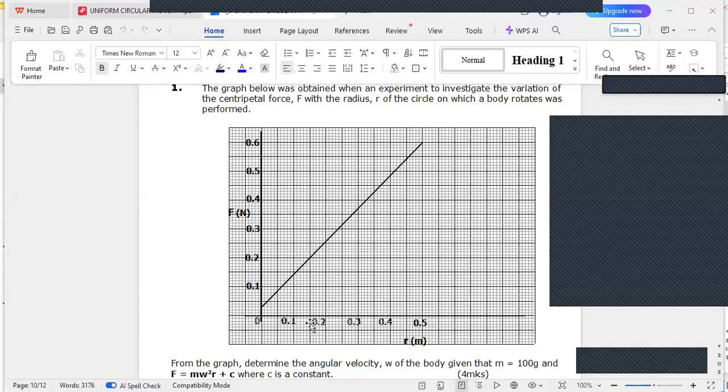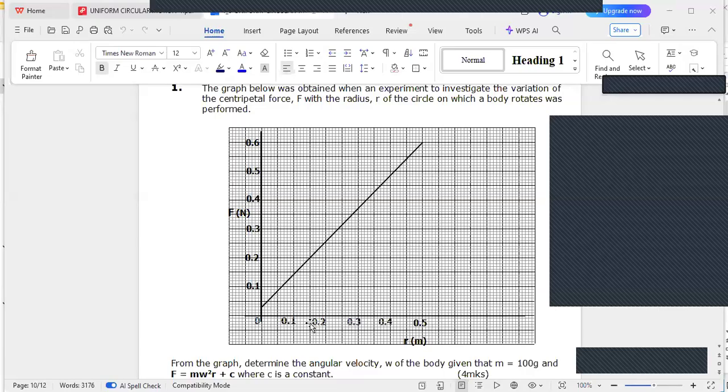When we divide, 0.4 divided by 0.35, the answer is 1.143 newtons per meter.